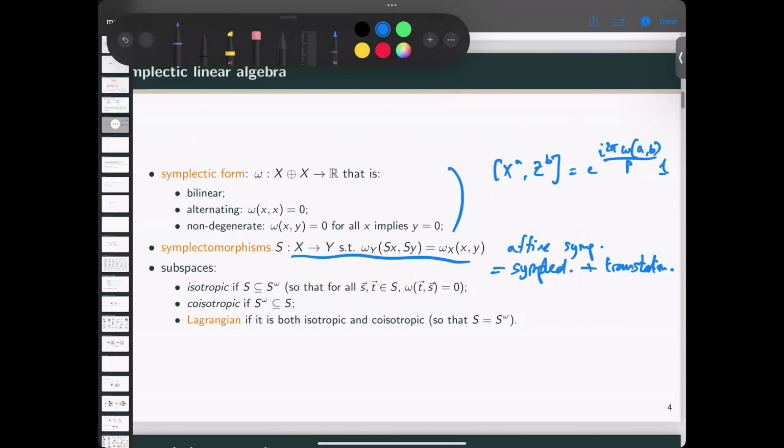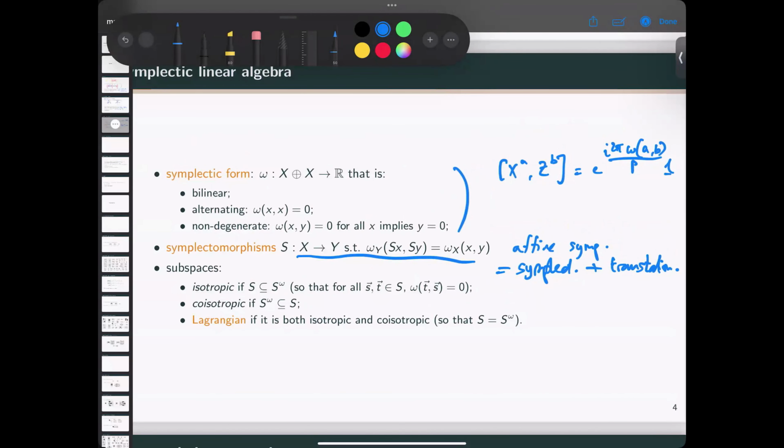Okay, so in the case of linear relations, we were interested in subspaces, or relations, that somehow respect the linear structure of the vector spaces. In the case of symplectic algebra, we're now going to be interested in subspaces that also, in some sense, respect the symplectic form.